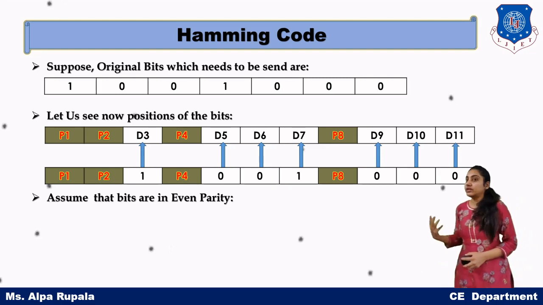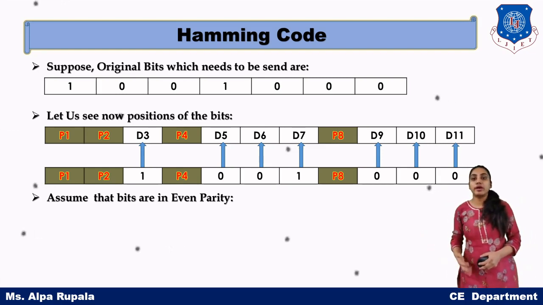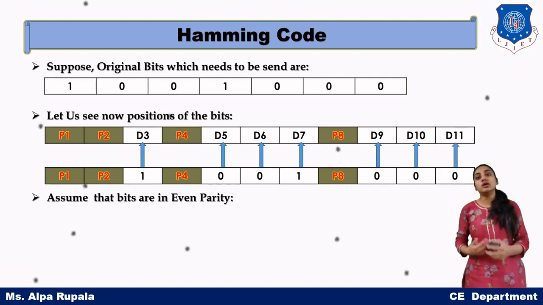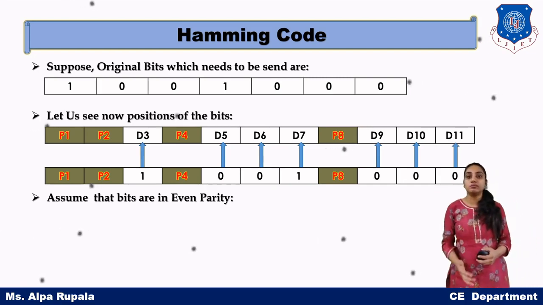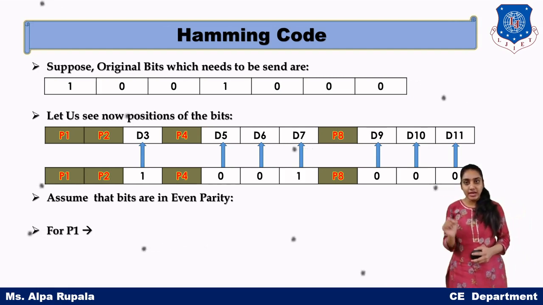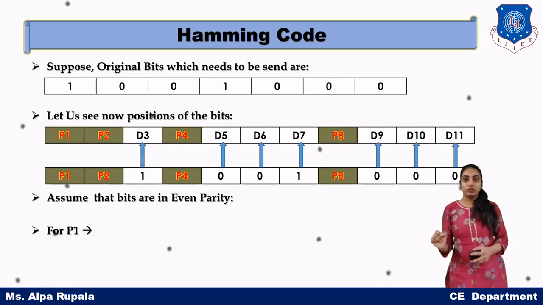Now assume we are selecting even parity. Even parity means the count of 1s must be an even number. For calculation of P1, as I told you earlier, check 1, skip 1.